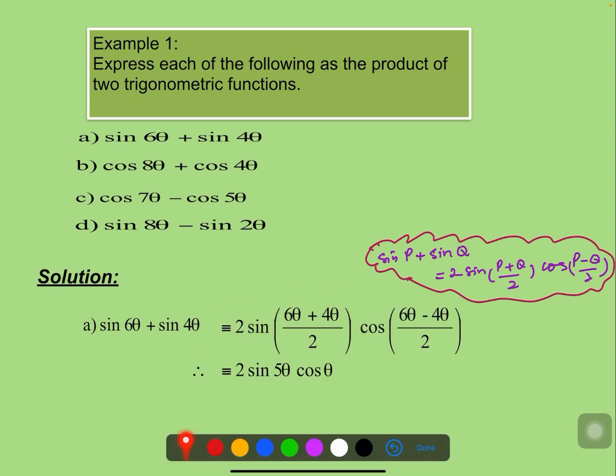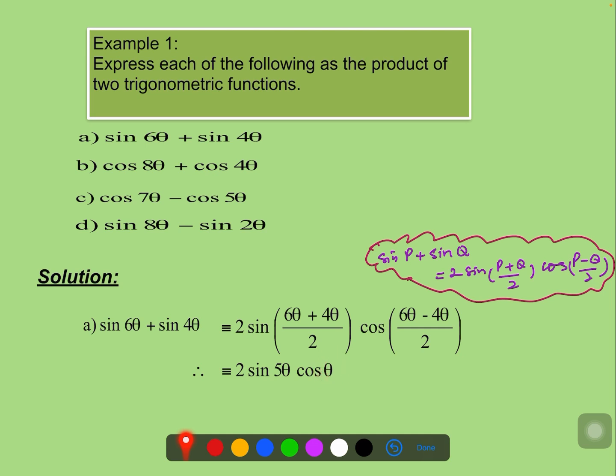So we will have 2 sine, with P as 6 theta and Q as 4 theta. 6 theta plus 4 theta is 10 theta, over 2, so we have sine 5 theta, times cos of 6 theta minus 4 theta, which is 2 theta divided by 2, so we have cos theta.